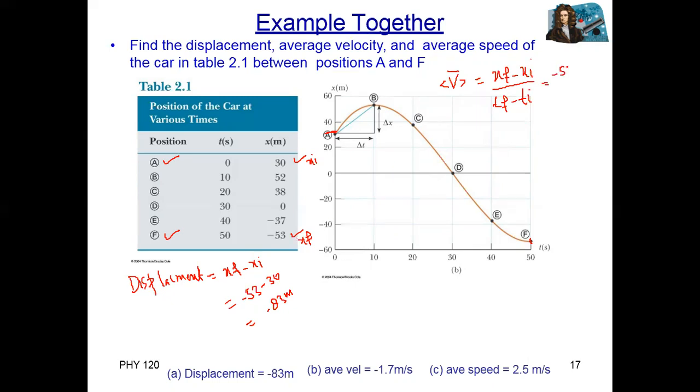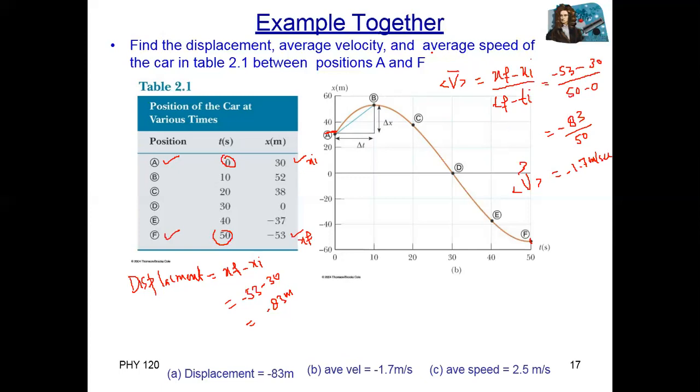Final position is minus 53. Initial position is 30. Final time is 50, initial time is 0. 50 minus 0, equal to minus 83 divided by 50. So average velocity equal to minus 1.7 meter per second.